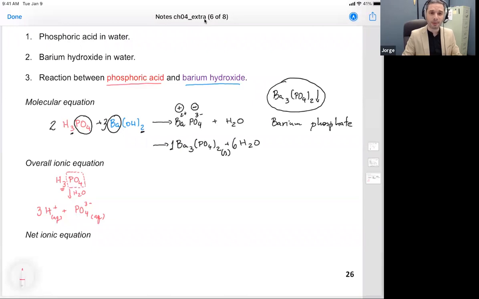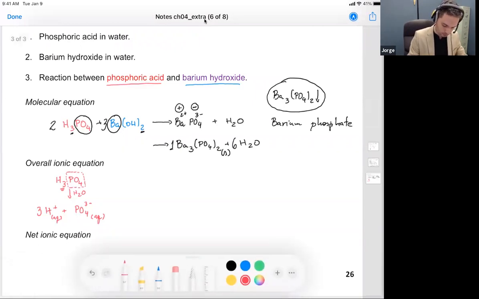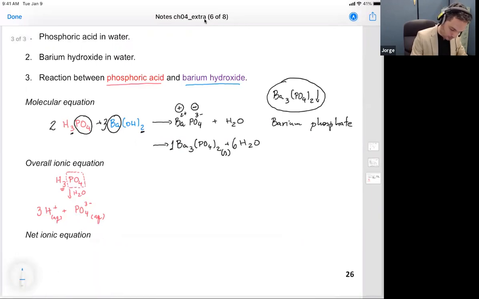And we do the same thing with the base. Let's start here, Ba(OH)2. Let's dissolve that in water. We already saw that we are going to form barium plus hydroxyl.